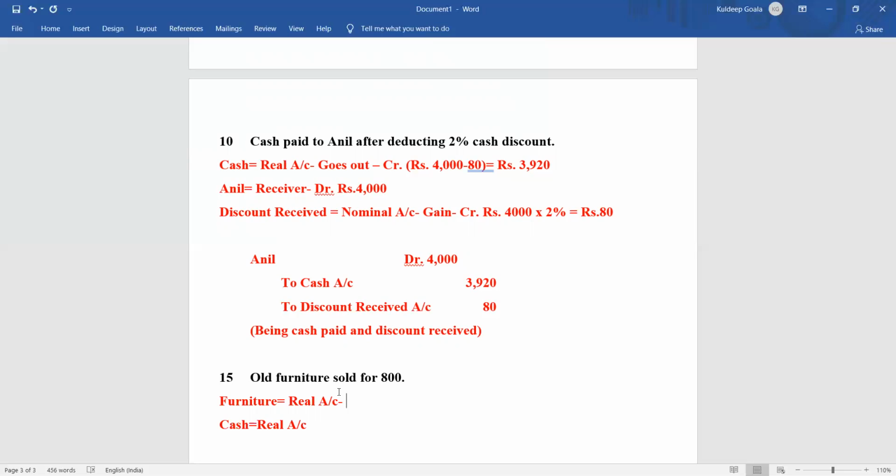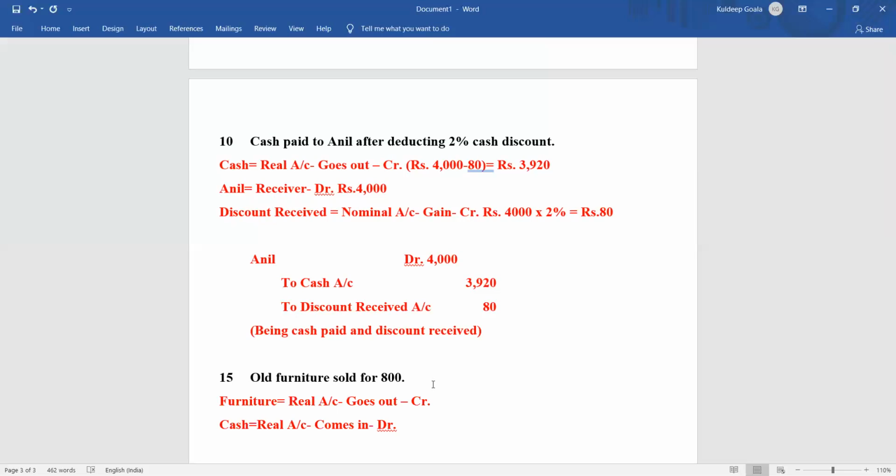I'm selling the furniture, it is going out, so goes out will be credit, right? And again, cash is a real account. Debit comes in, credit goes out. If I am selling the furniture, money will come in, so cash comes in, debit, right? So cash account will be debited and furniture account will be credited.